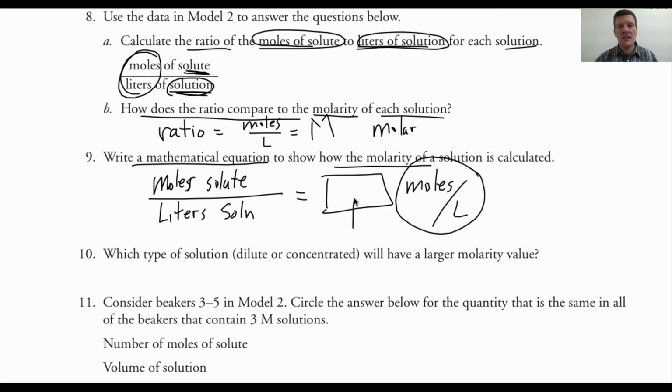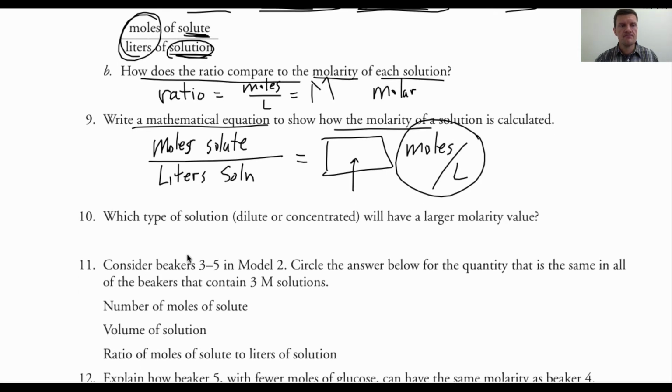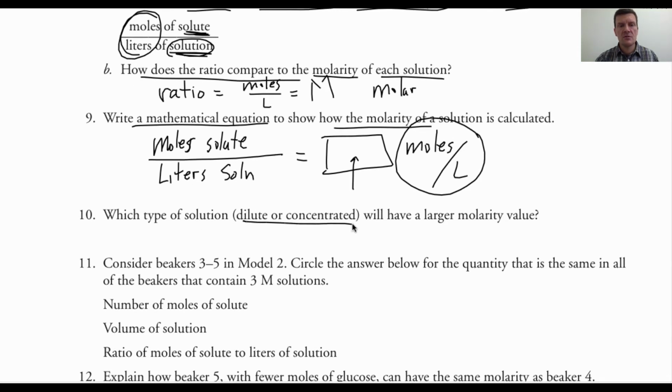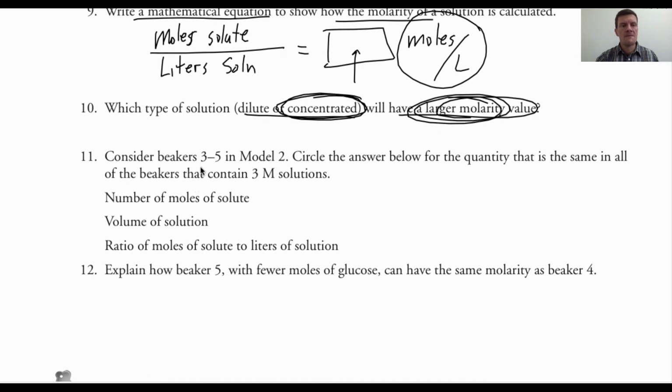Now you can compare all the solutions above and find out which one actually is more concentrated. Which type of solution, dilute or concentrated, will have the larger molarity? The more concentrated something is, the larger its molarity value will be. Consider beakers 3 through 5 in Model 2.